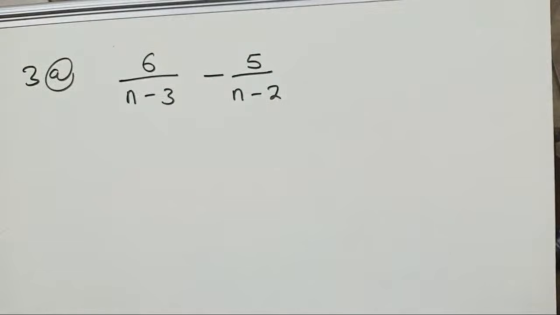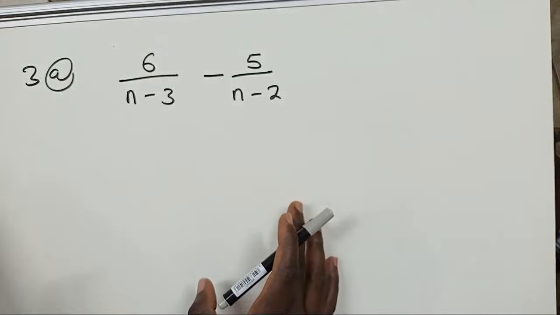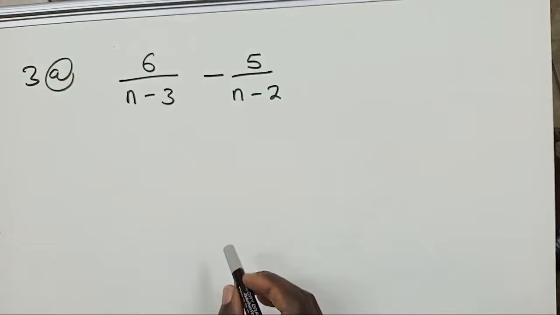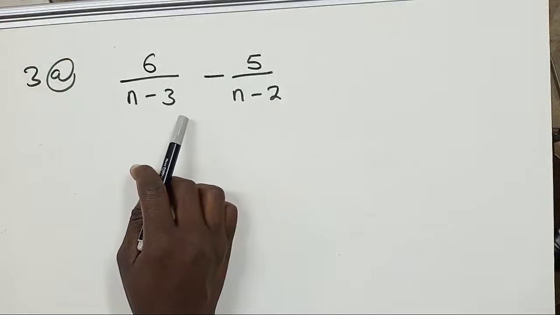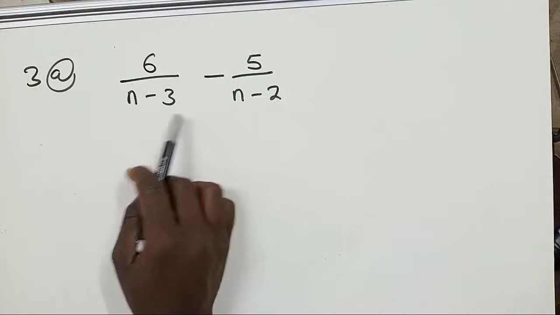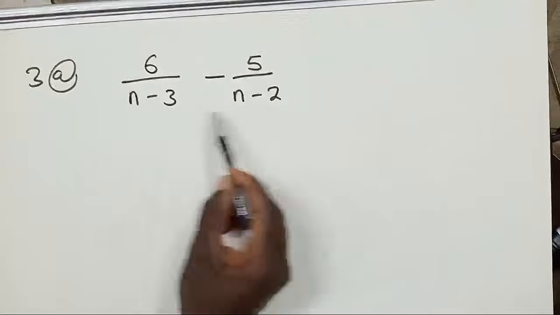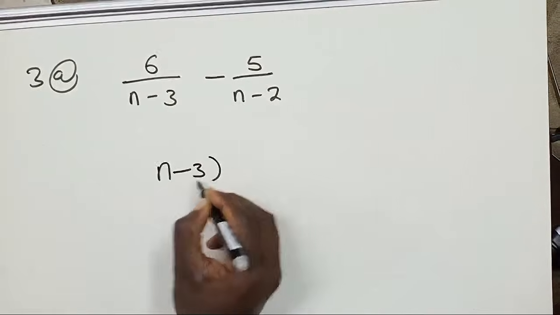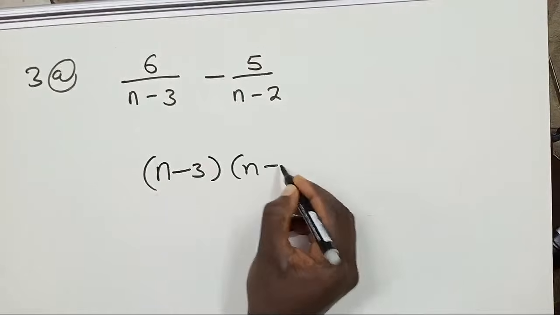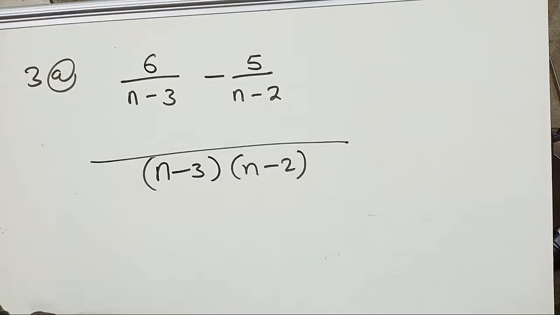All right, so this is what you do. I remember when I was a student, my teacher, Mr. Ngambi, told me that when you have two fractions like this, you just write the denominators and do your line like that.